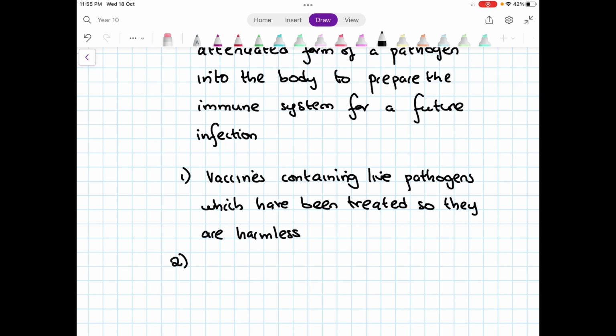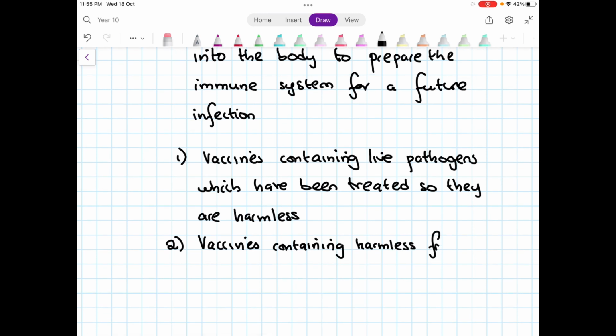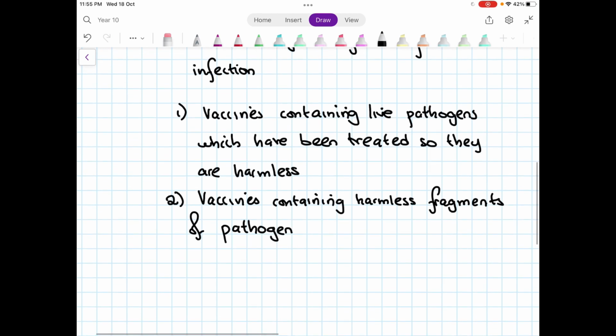Another form of vaccines include harmless fragments of the pathogen, so smaller pieces or parts. And remember, pathogens are disease-causing microorganisms.